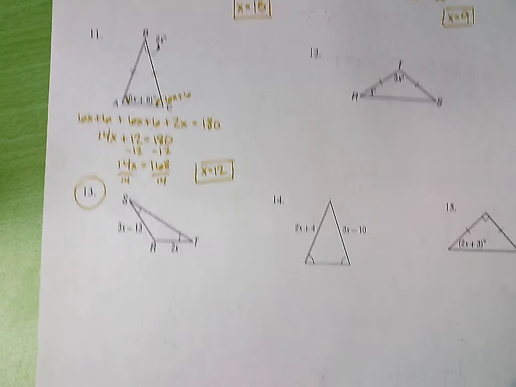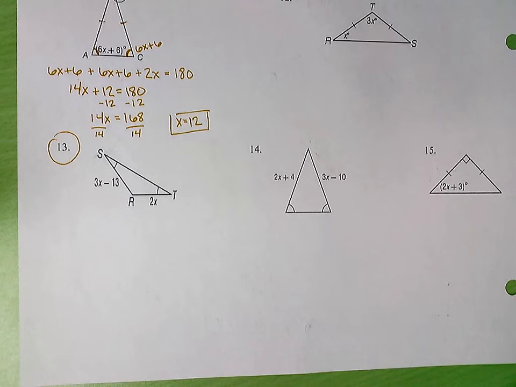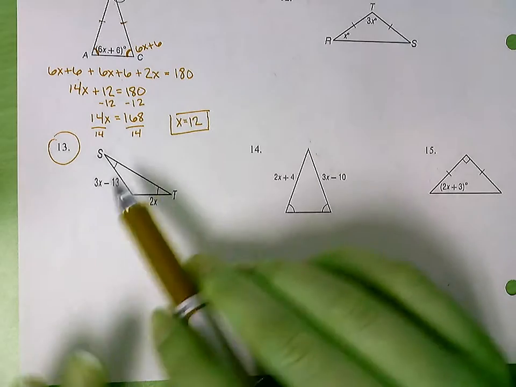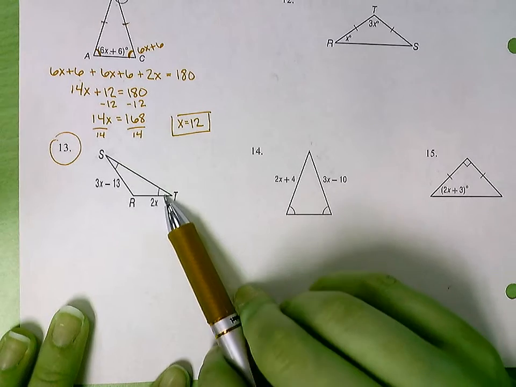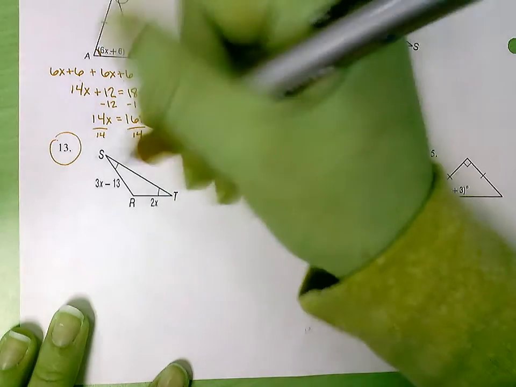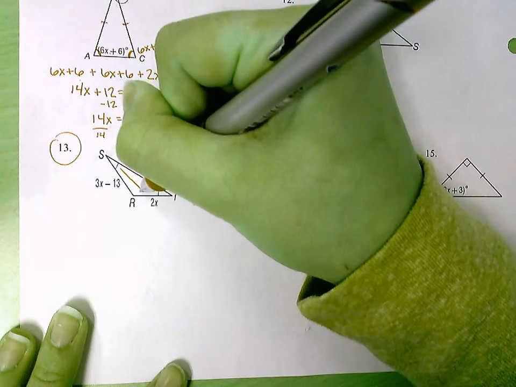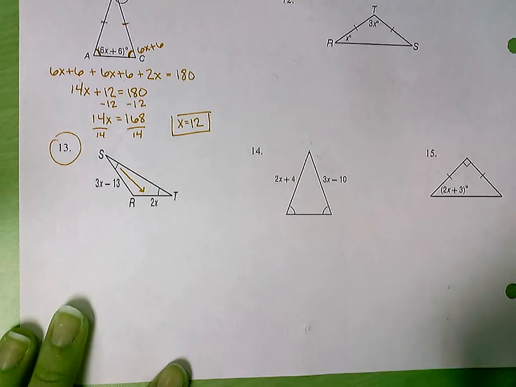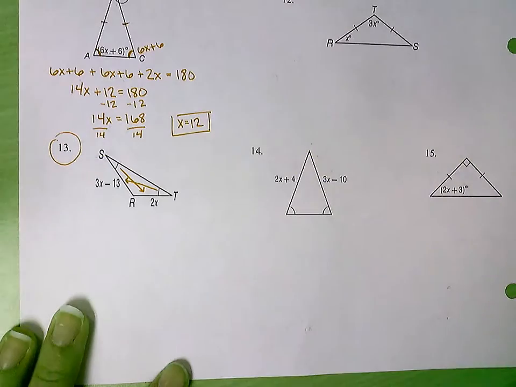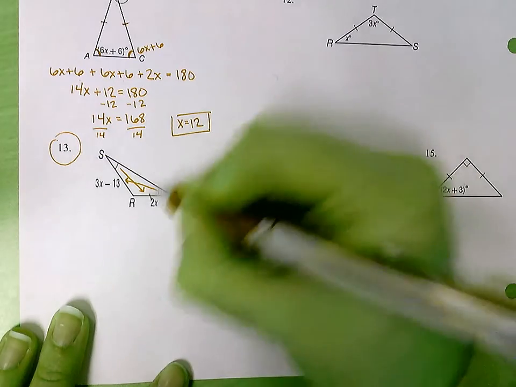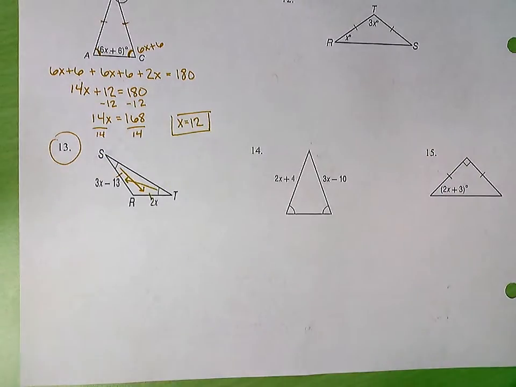Okay, so I just want to go through 13. So in 13, you're given that these two angles, S and T, are congruent to each other. So since those two angles are congruent, their opposite sides have to be congruent. Okay? So since those sides are congruent, that means they are equal.